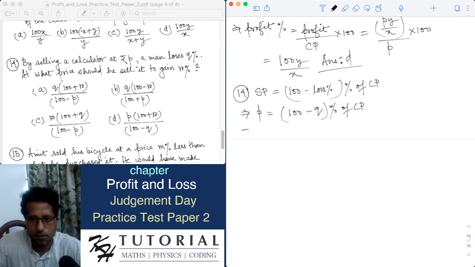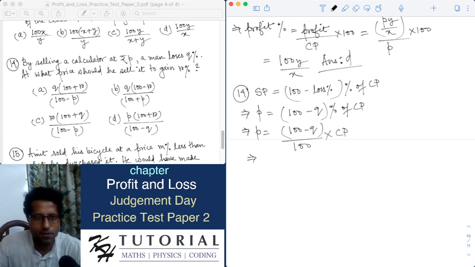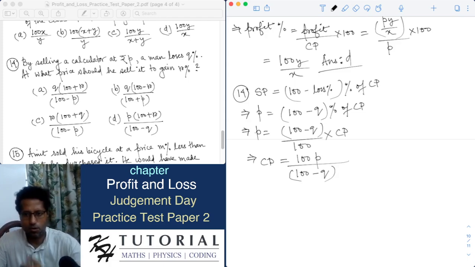So this implies P equals 100 minus Q divided by 100 multiplied by CP. From here we get the cost price of the calculator. Cost price is equal to 100 P divided by 100 minus Q.